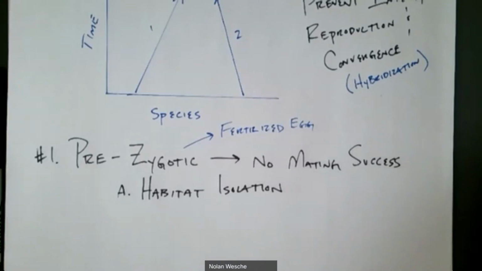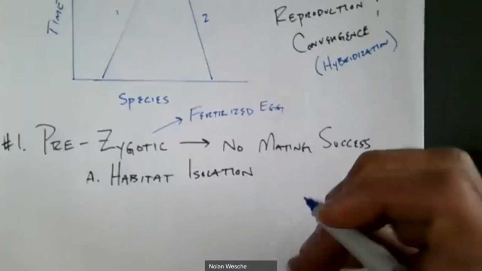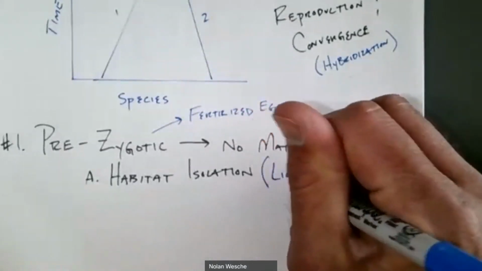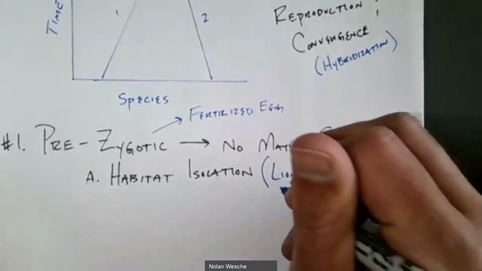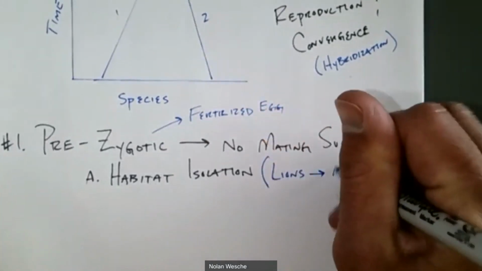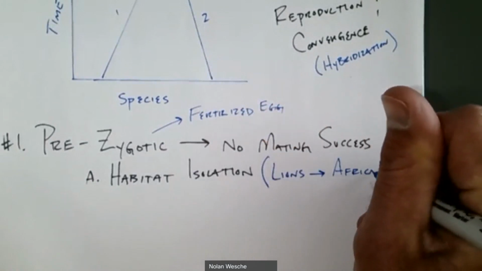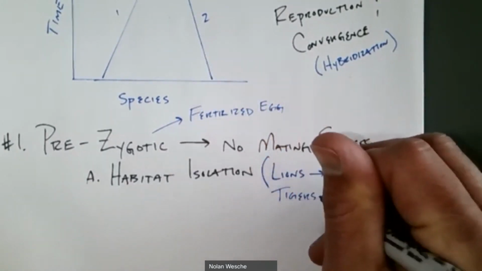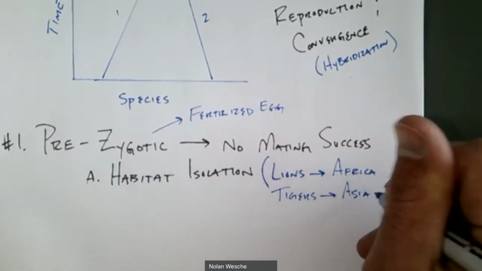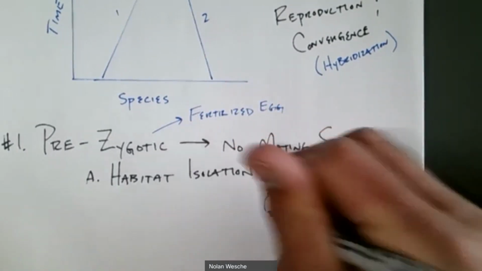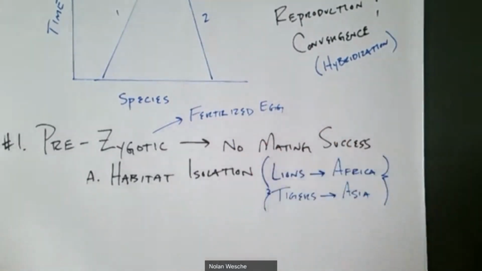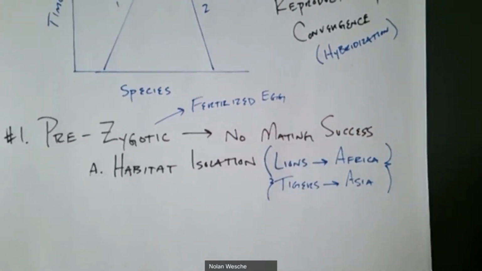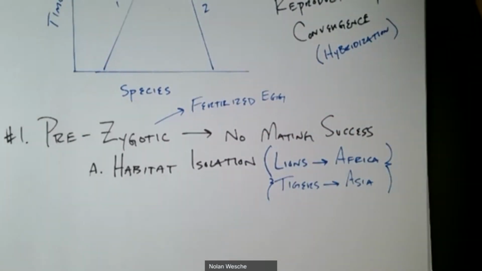So we'll go ahead and put this down here that lions, again, native to Africa, and tigers, native to Asia, although they can breed and form a hybrid, there's no habitat overlap for them to have the opportunity to do so.